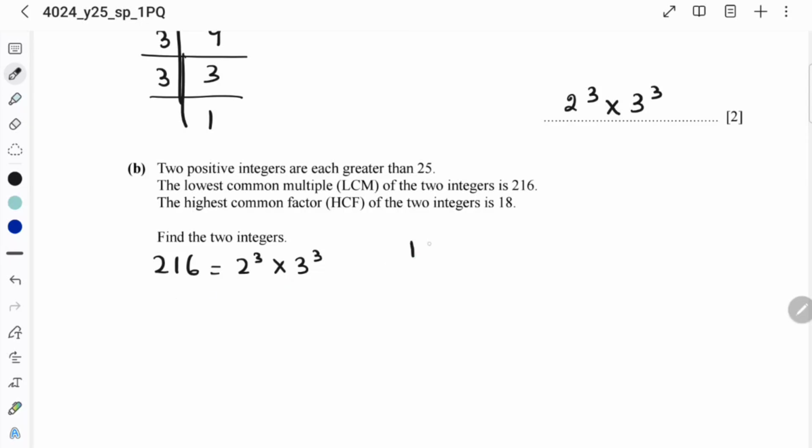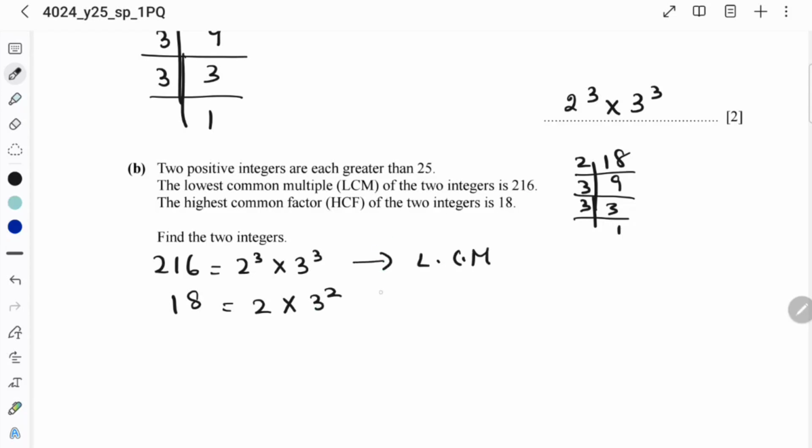So 18 is the HCF, and 18 is equal to 2 times 3 square. 2 9s are 18, yes, 3 square, 3 1s are 3. The LCM is given along with its HCF in the question.